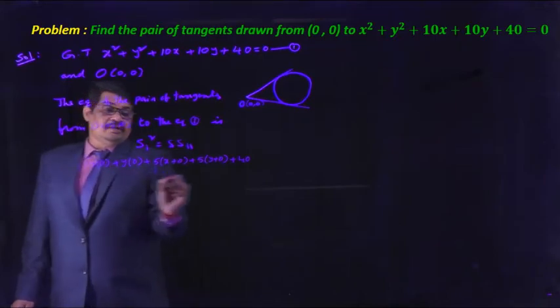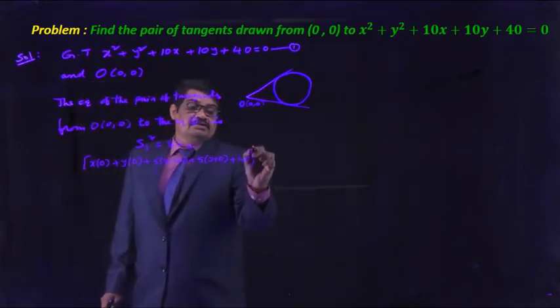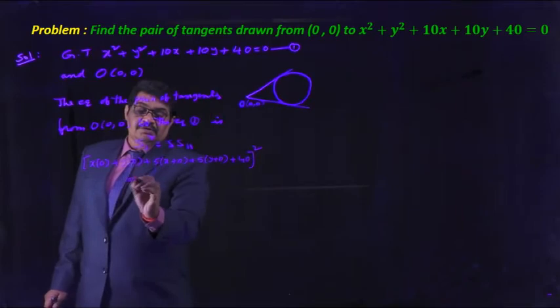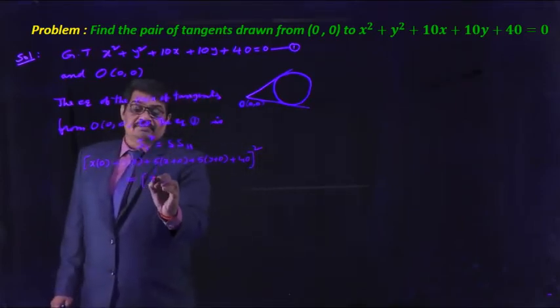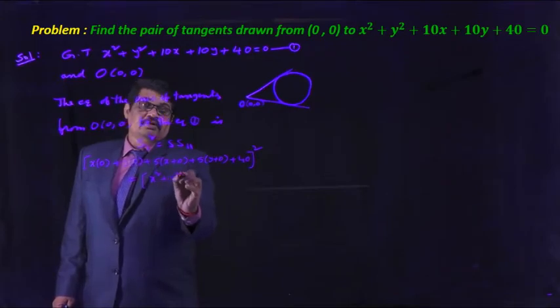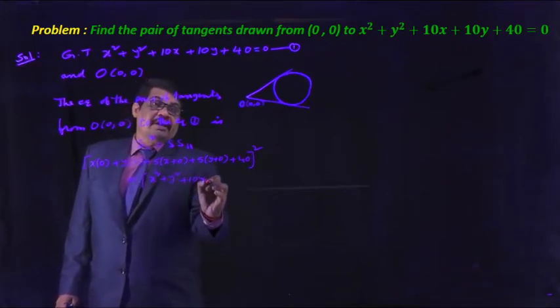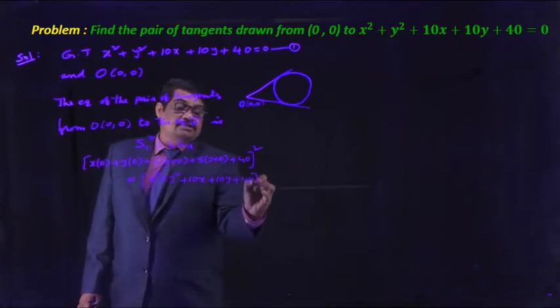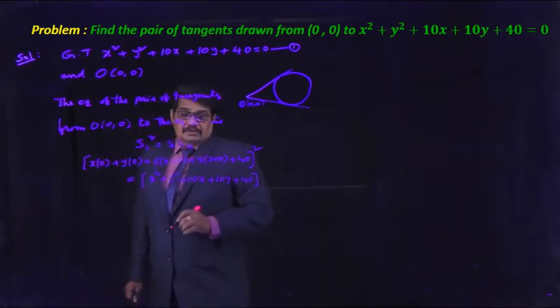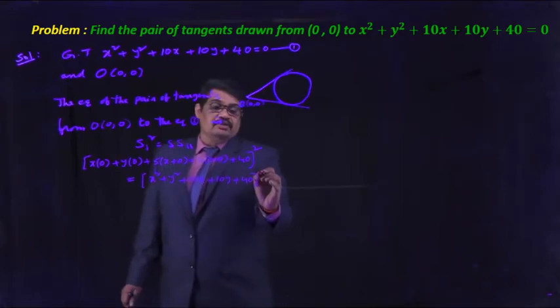Now we are writing S1 square is equal to S into S11. What is S? That is the given circle, x square plus y square plus 10x plus 10y plus 40. This is S. And what is S11?